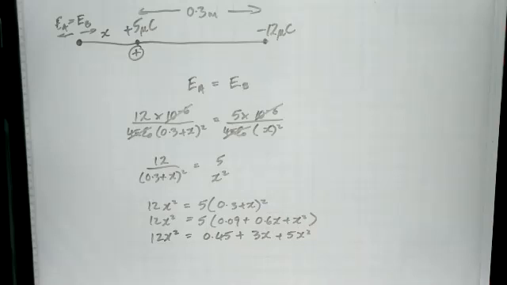Bringing everything to one side, we get 7x squared minus 3x minus 0.45 equals 0. Now you can just put it into the quadratic formula and solve.